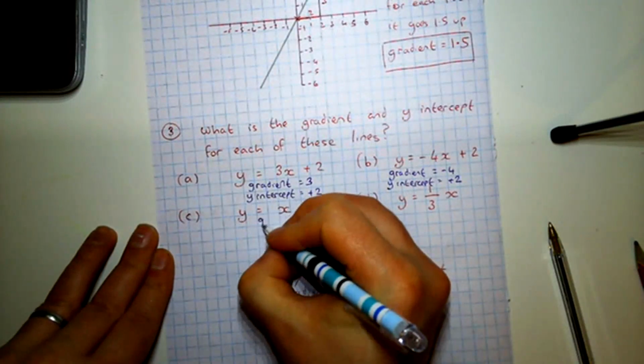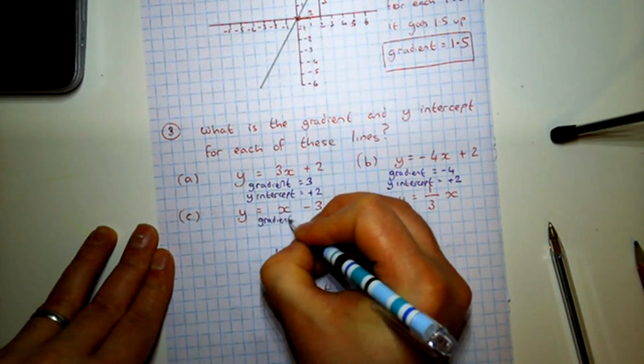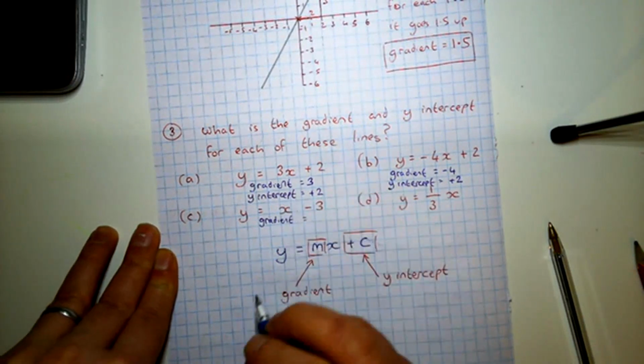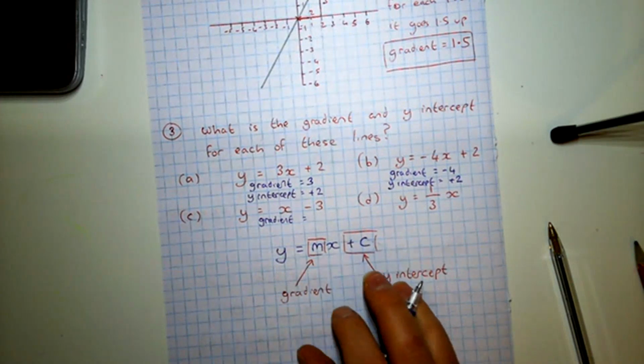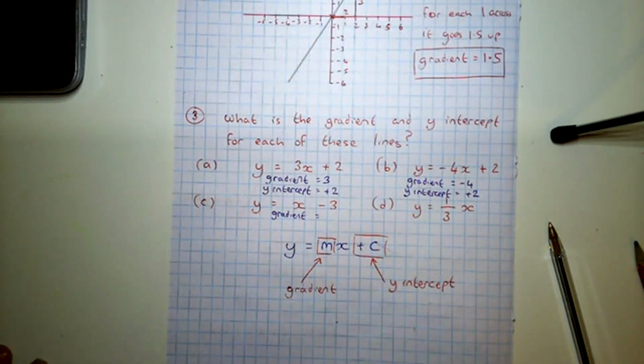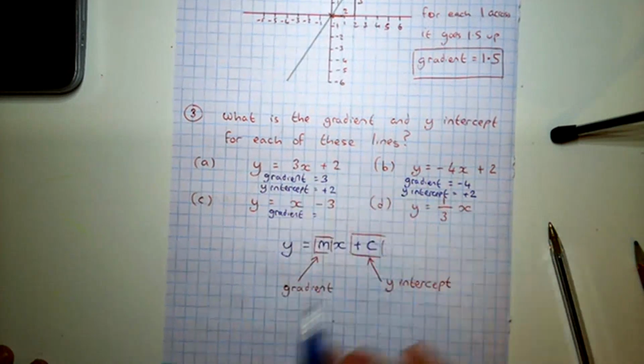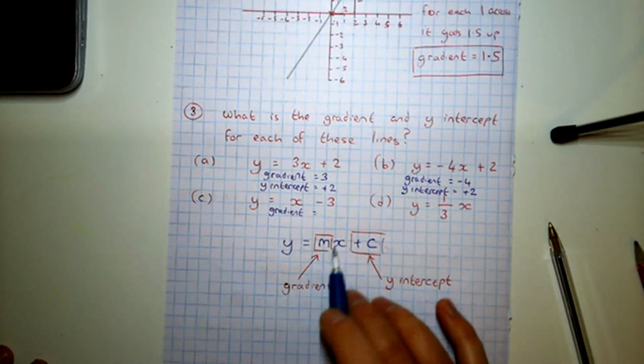Right, next one, gradient. Now there's no number in front of this x, so people generally start to do it wrong here. They either say the gradient is x. That's wrong. We didn't include the x in these ones. The x isn't meant to be included.